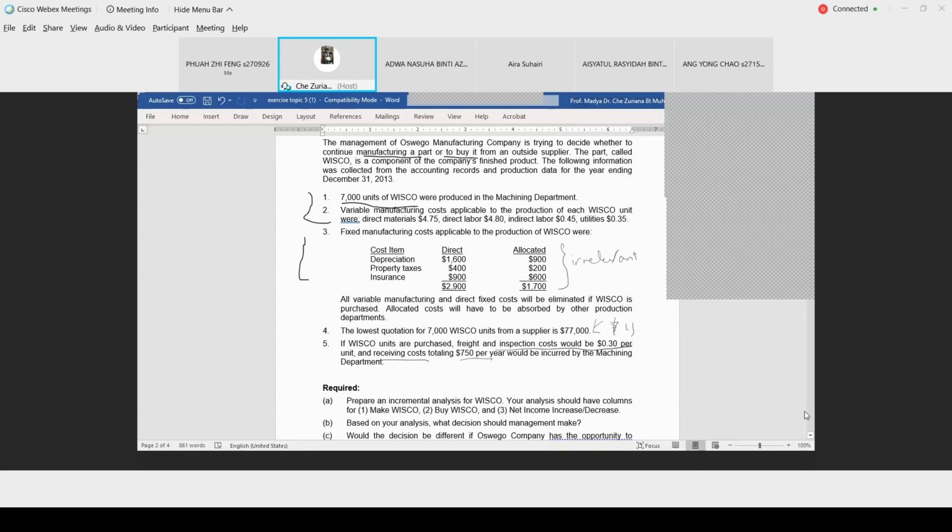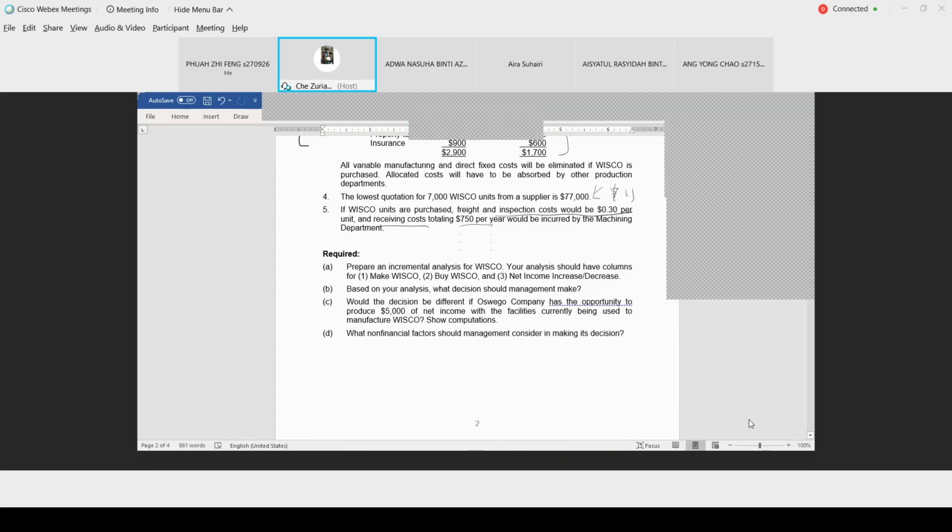Okay, so kalau you tengok this question, this question clear that you must do incremental analysis, but your analysis should have column make, buy, and also net income increase or decrease. Kalau soalan yang pertama tadi, dia just sebut incremental analysis without mention you to have this column, kan?